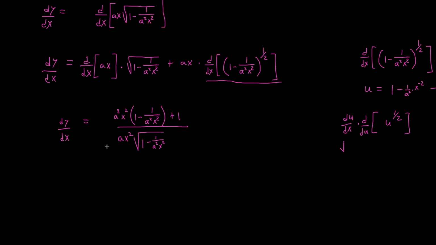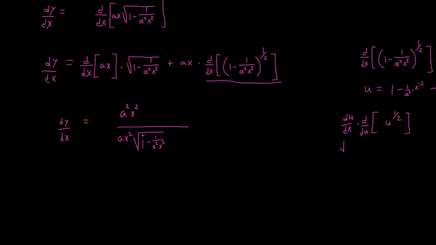And if we multiply a squared x squared times 1, we get a squared x squared, and then minus a squared x squared times 1 over a squared x squared is going to be equal to 1. So we get a squared x squared minus 1 plus 1, but the minus 1 and plus 1 cancel out.